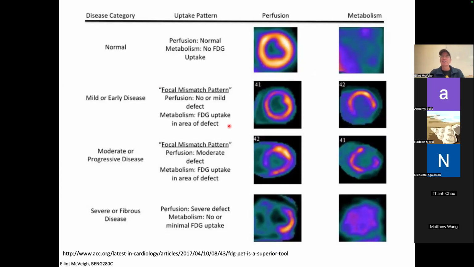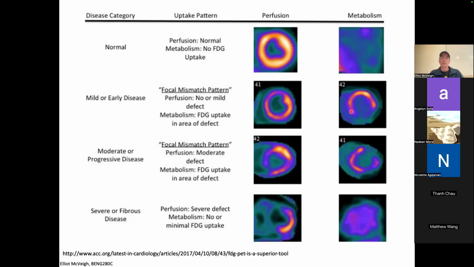So here, this is an example of a focal mismatch pattern in perfusion and metabolism, right? Here's the perfusion, and we can see here the metabolism seems to be upregulated or very high in this area.